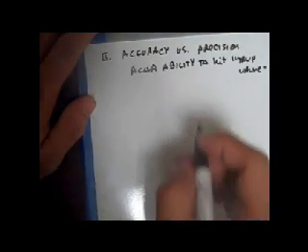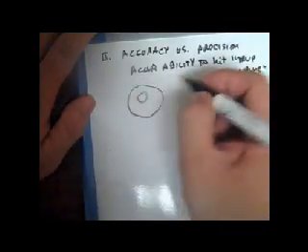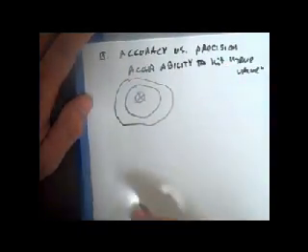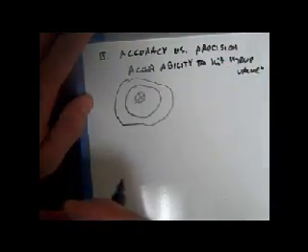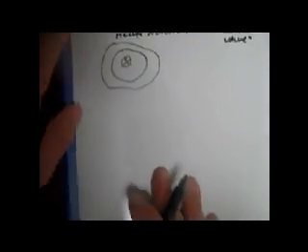So what do we mean by that? Let's say you have a target, you have a bullseye, like so. You throw a dart, you hit the bullseye. So that's fairly accurate. That's because you can hit the target fairly well.